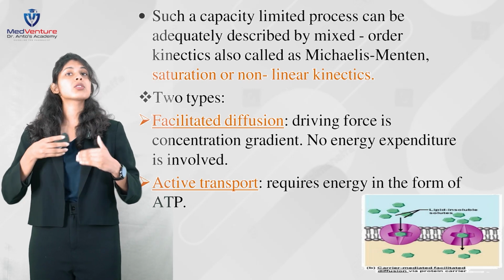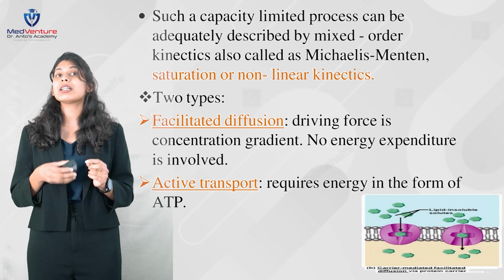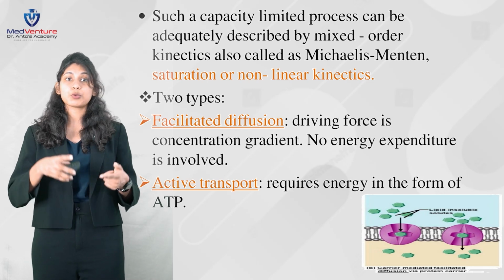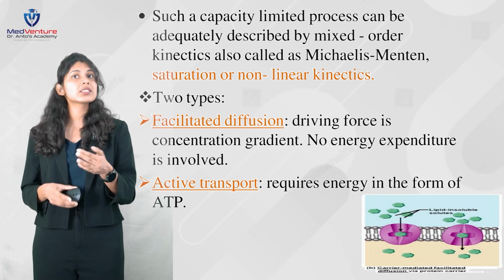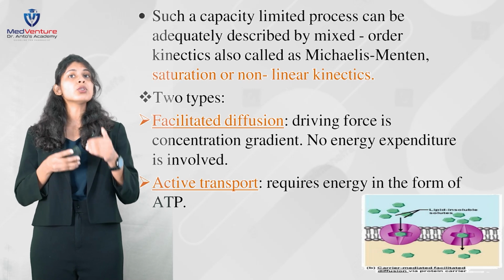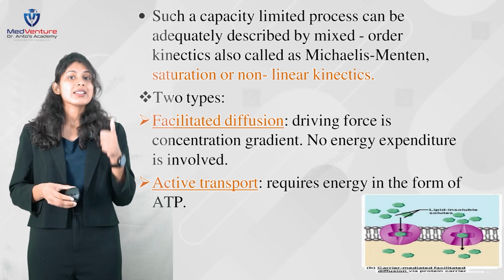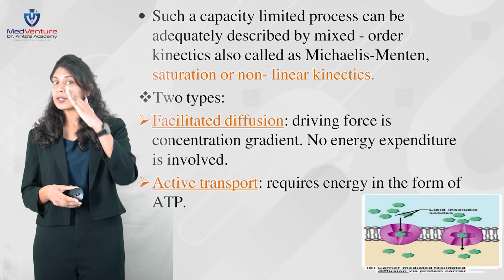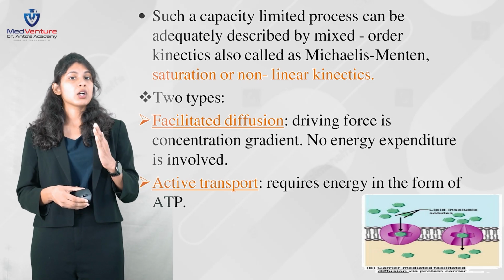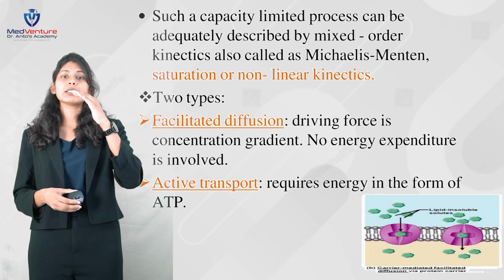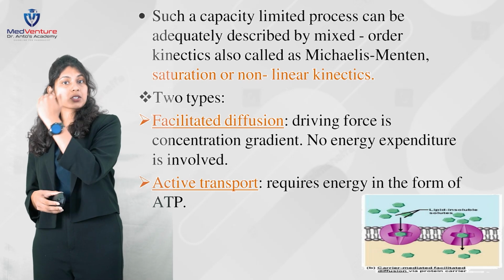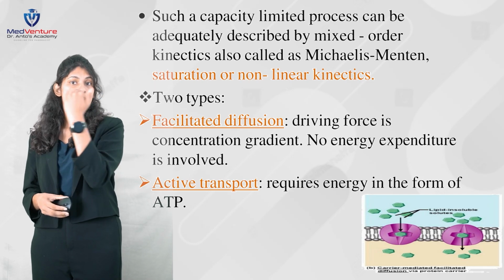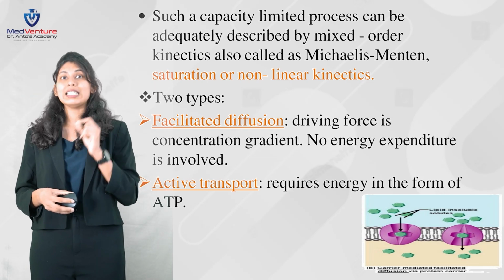It's also represented by mixed order kinetics. So we have zero order kinetics, first order kinetics, and mixed order kinetics, which is also known as Michaelis-Menten saturation or nonlinear kinetics. If it were linear, it would only go up. Since it goes up, and after the process gets saturated it becomes constant, the graph turns like this. That's why it's not linear.